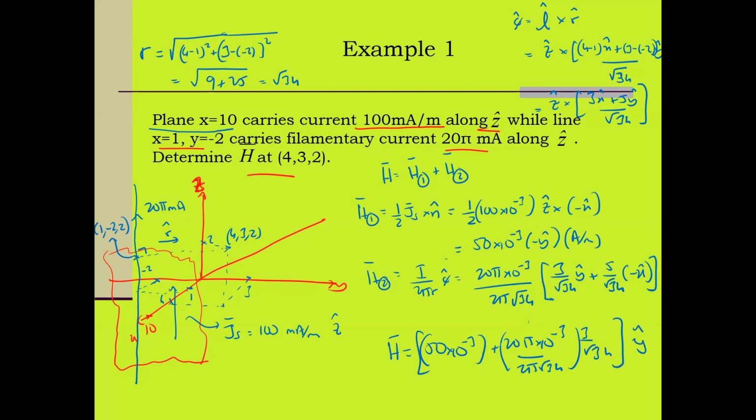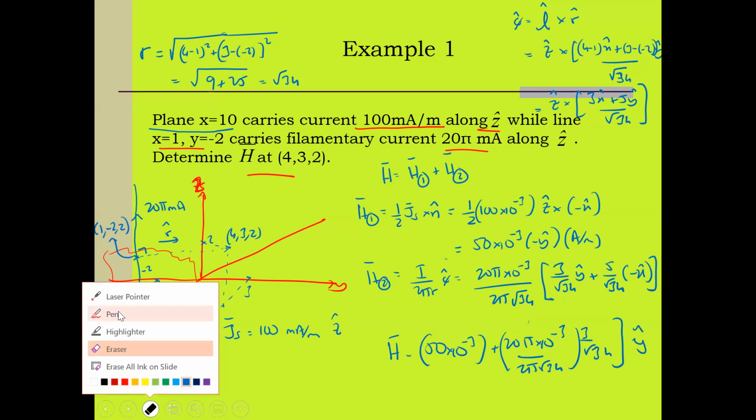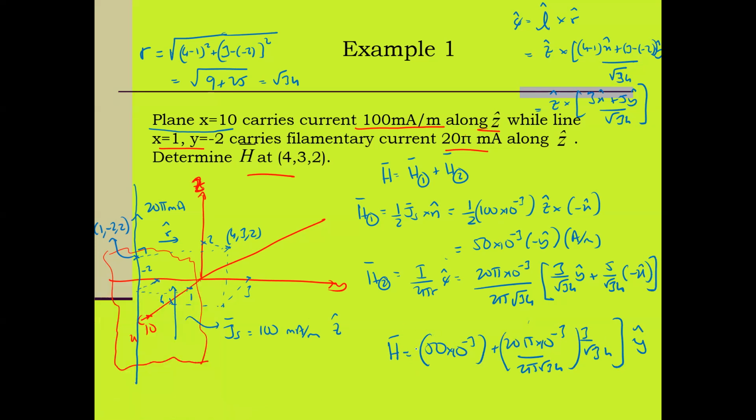Okay, I need to put a negative sign then. Sorry for this. Need to put negative sign here, in front of 50. So that should be the value for the Y component of the vector.